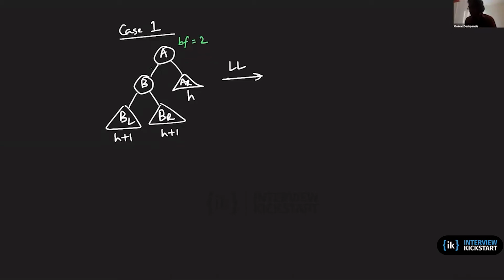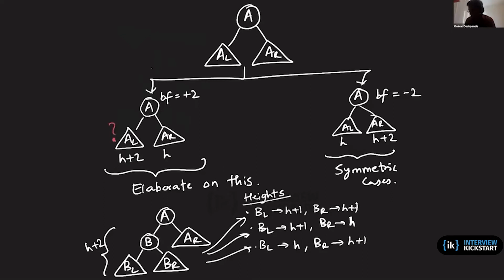I have a question. I'm trying to figure out why the balance factor is 2 at node A in the first place. Let's say at the B sub L, what could be the balance factor at B? It has to be 0, am I right there? Not necessarily.